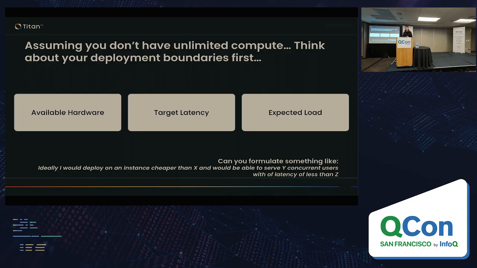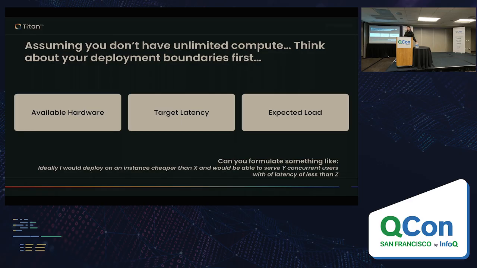You should have an idea of your target latency as well, and you should have an idea of your expected load. If you have all of these together, and you can construct some kind of sentence of, I would like to deploy on an instance cheaper than X, which will serve Y concurrent users at an average latency of, I don't know, less than Z. If you can form that kind of sentence, it makes everything else that you'll have to do much easier, and you won't have that bottleneck of being like, oh, I built this great application, I just have no idea how to deploy it.